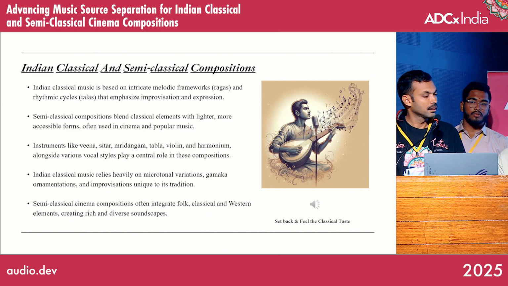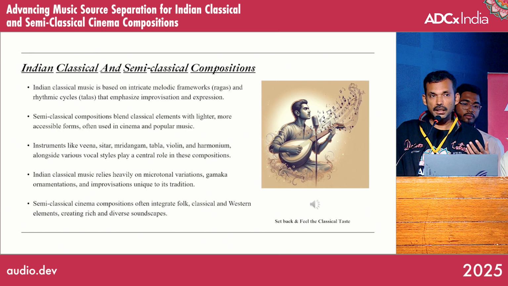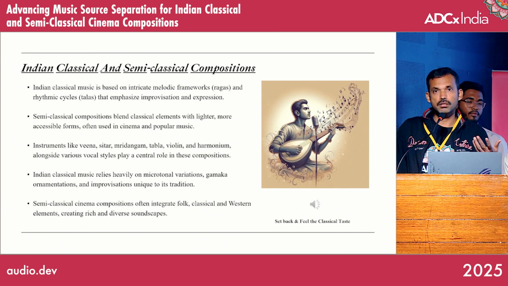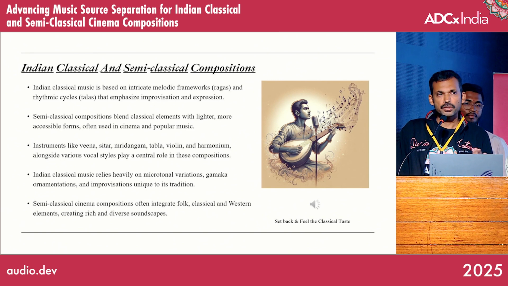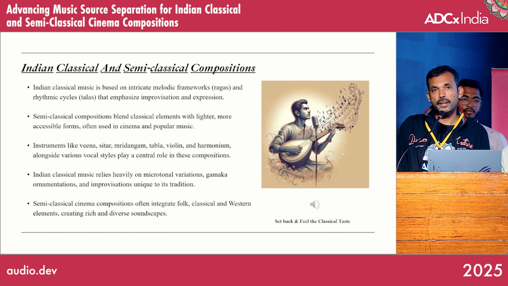Here you see that the Indian classical music system does not work with just an octave of C, D, E, F, G, A, B, the 12 notes. It is totally based on the swara system, which works on microtones.